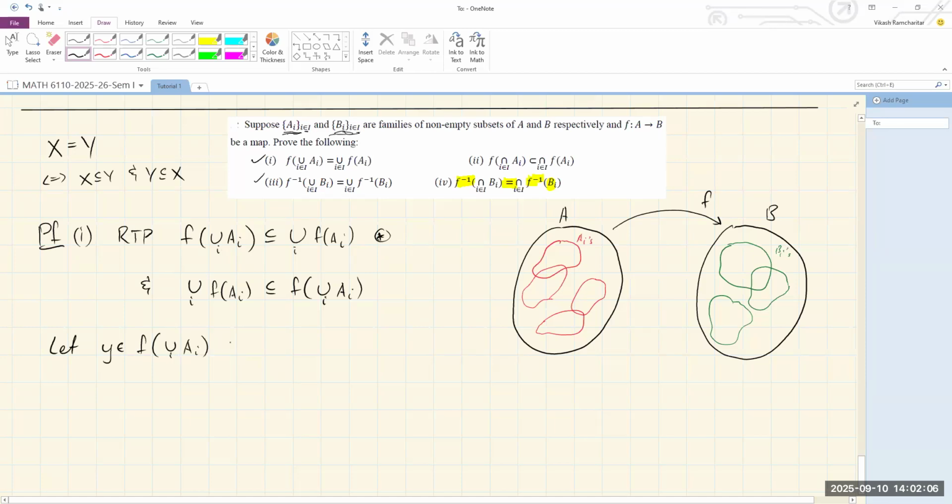Okay, so what I'm saying is this set is a subset of B. So Y is over there. So Y belongs to this set.